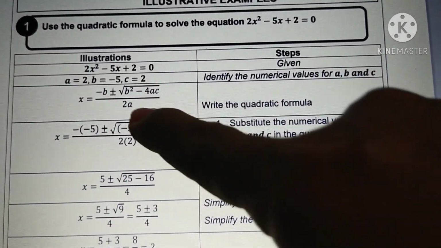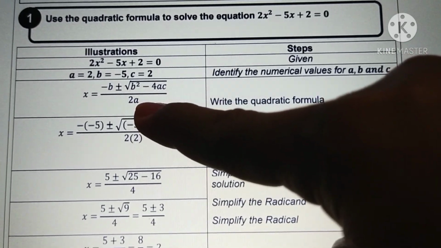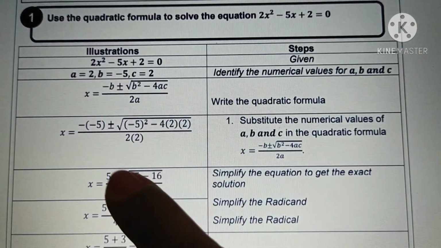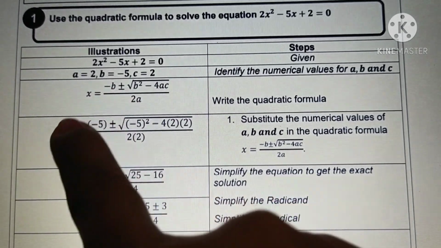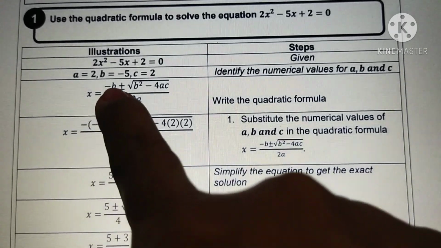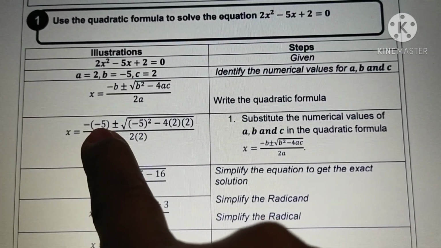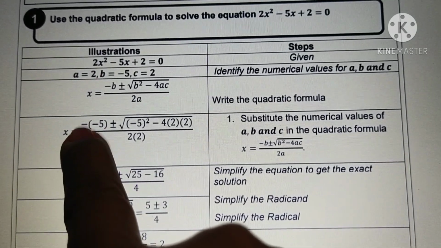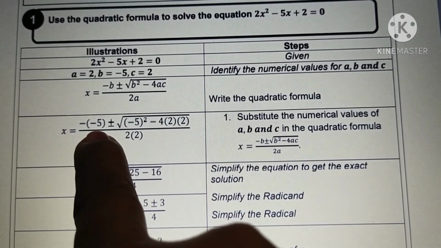Okay, write the quadratic formula. So that is our quadratic formula. You have to memorize the formula. Then replace. Negative, your b is negative 5. That's why you have negative 5. Iba yung negative sa labas. Iba yung value ng b. Ang value ng b is negative 5.